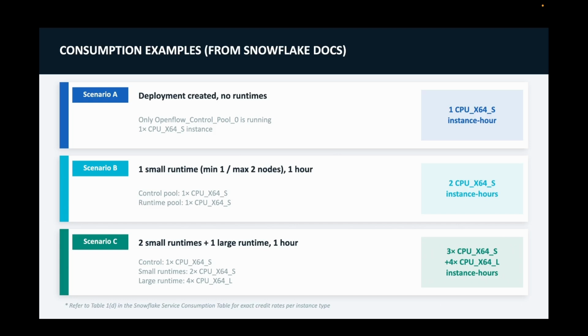And then one large runtime uses four nodes with 4 CPU x64L. So you'll be charged for three small compute pool sizing plus four CPU x64L instance hours.